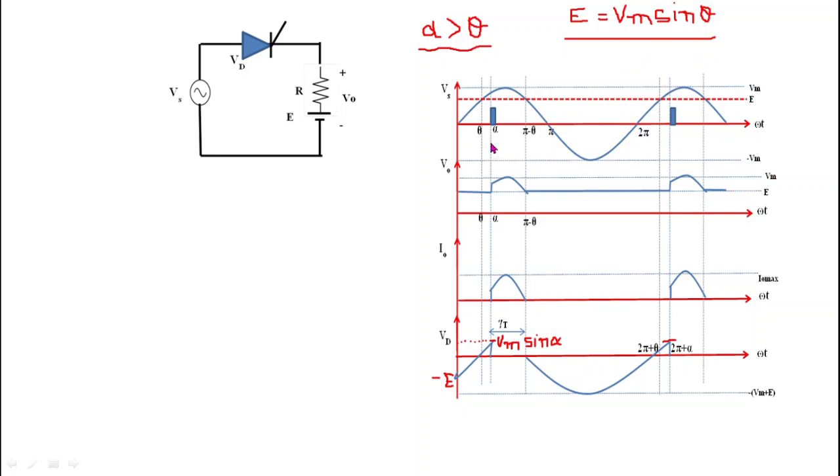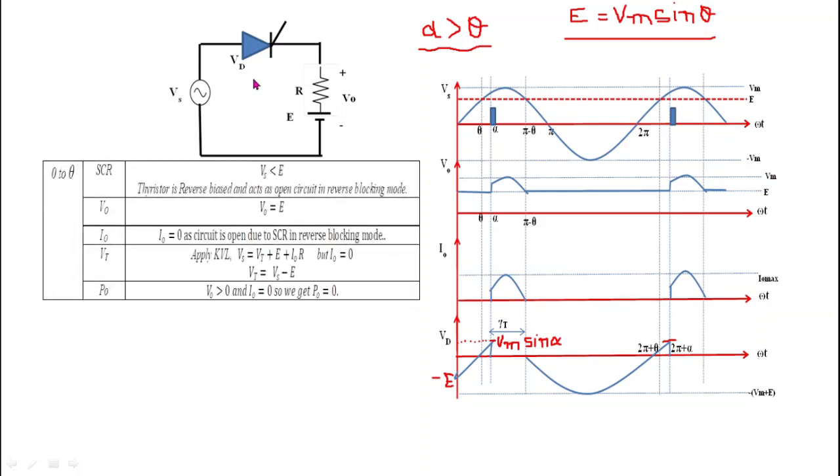Now the second point: before theta, from 0 to theta, what happens? This EMF E lies over the waveform of Vs, and if we apply KVL in this loop, then we get thyristor voltage Vt equals Vs minus E. If Vs is less than E, then we get negative thyristor voltage.